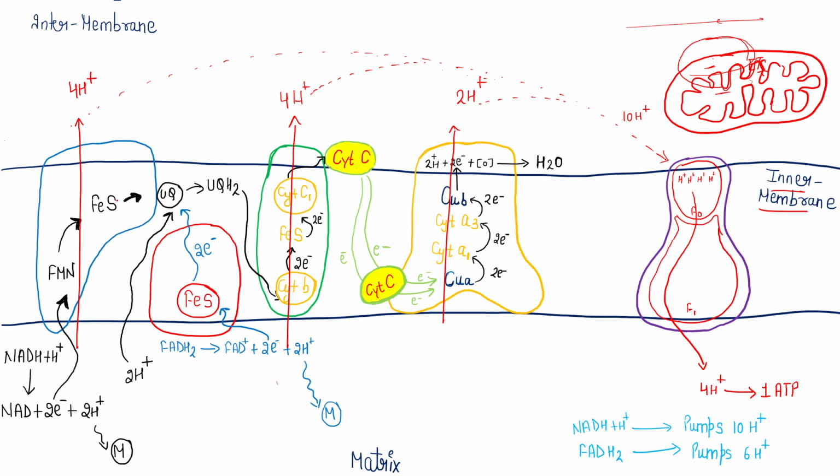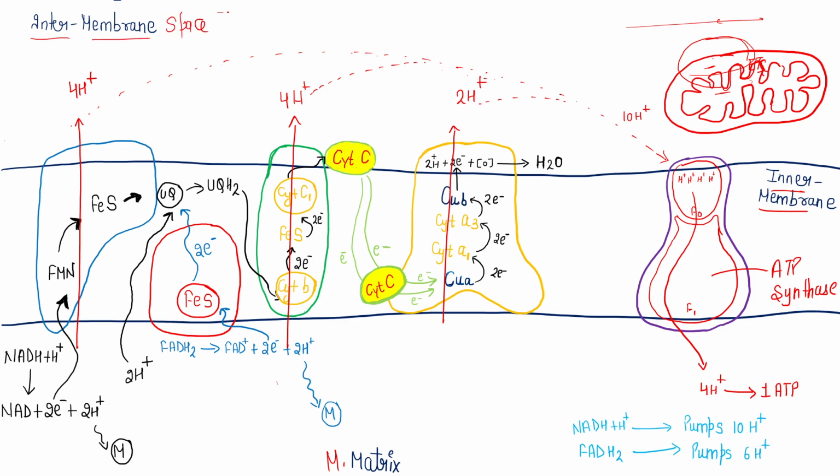These are the complexes: complex number 1, complex number 2, complex number 3, complex number 4, and lastly complex number 5, also known as ATP synthase, lying on your inner membrane, right? The bottom of the slide represents the mitochondrial matrix, and at the top you can see the intermembrane space.